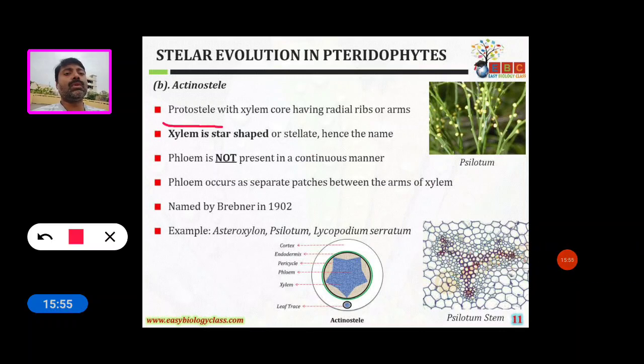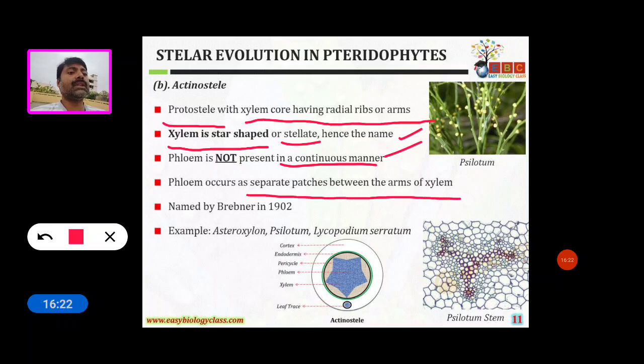Actinostele is a protostele with the xylem core having radial ribs or arms. It is a star-shaped stele. The xylem is star shaped or stellate, hence the name actinostele. Phloem is not present in a continuous manner; it occurs as separate patches between the arms of the xylem.